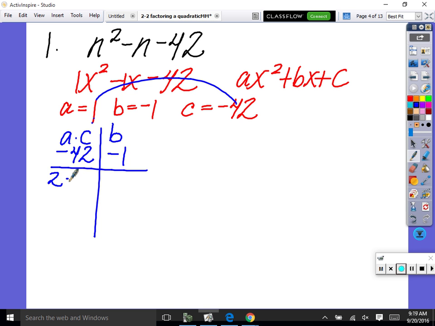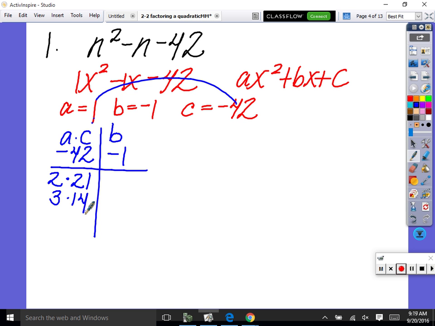So we're going to write this out. 2 times 21, we're not going to put in the signs till later. So we're just listing out factors of 42. We're not doing anything with signs. What's another factor? So do 42, guys, divided by 3. 14. So 3 times 14. Do 42 divided by 4. 10.5, so we're going to skip that one because it's not going to be a decimal that we're going to use.